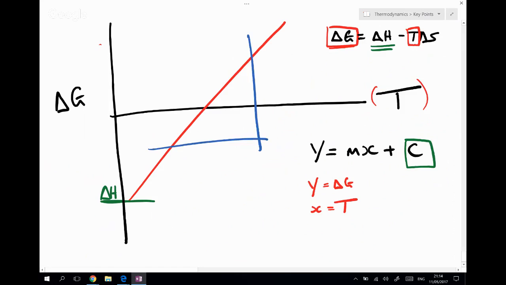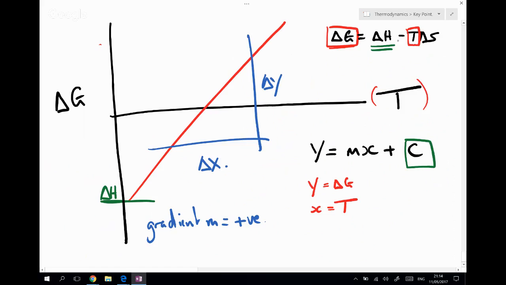Now the gradient is a change in y by the change in x. The gradient, m, is, like you say, clearly a positive value here.